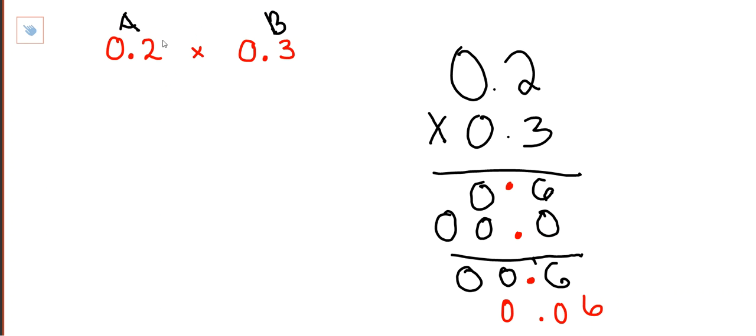So what if I were to change these numbers, instead of writing 0.2, would you be okay if I were to write this as 2 divided by 10? Oh, yeah. Would you be alright with that? Yeah? And I'm going to multiply it by, well, what would this be in the same way then? 3 divided by 10. Yeah.